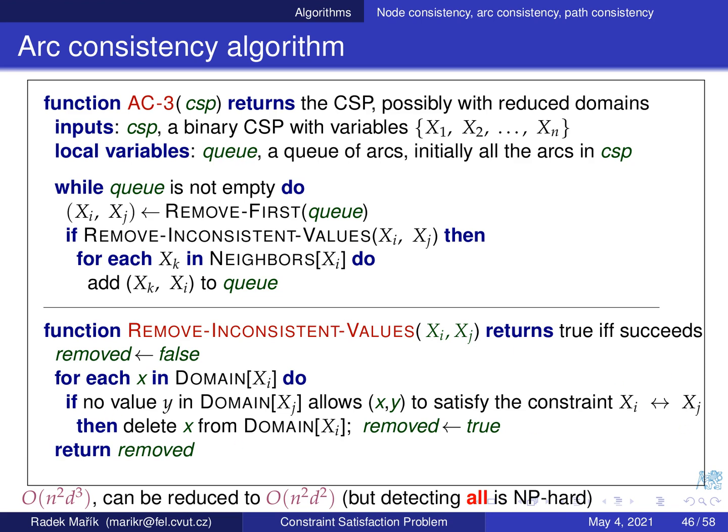If there is no such value in xj, then you need to delete that x from the first variable xi. You set that you removed something, and you repeat that for all values, and then finally you return the status whether you deleted or not, because you need to propagate it forward.